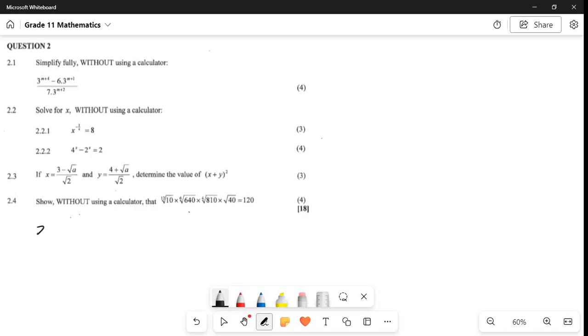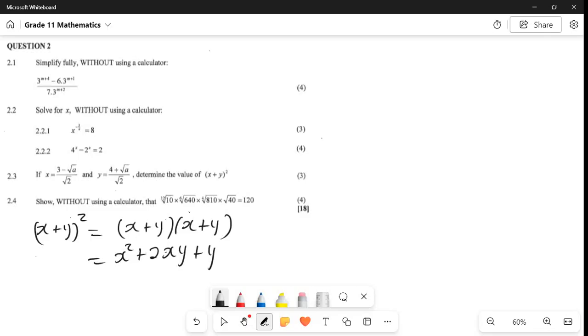Since we have x plus y all squared, when you multiply this out on the two brackets, because we know that this is x plus y into x plus y, then you are going to have x squared plus 2xy plus y squared.